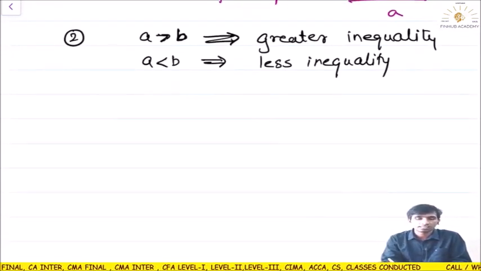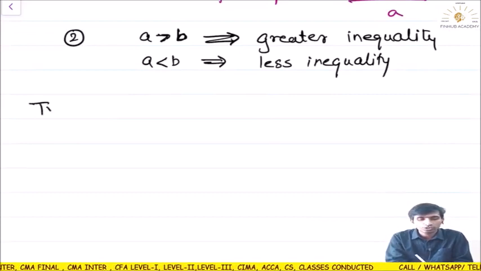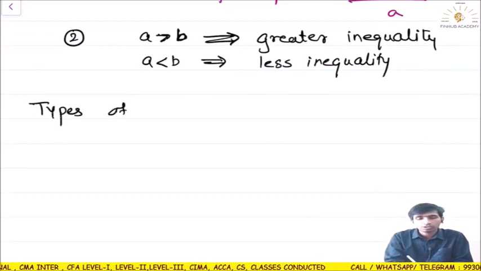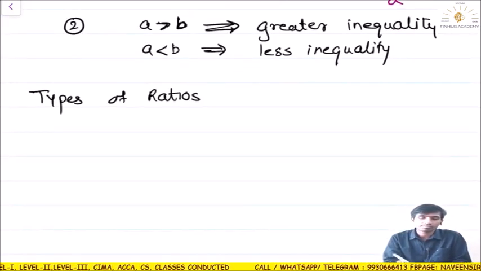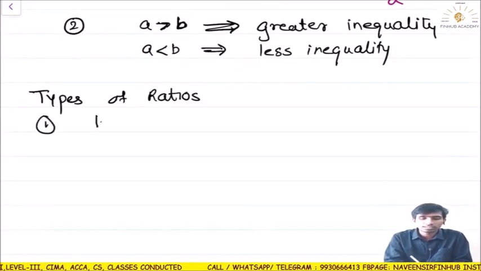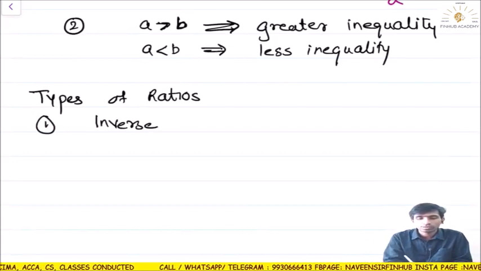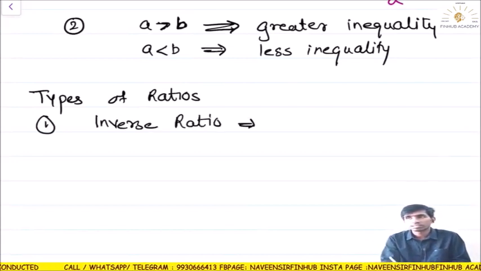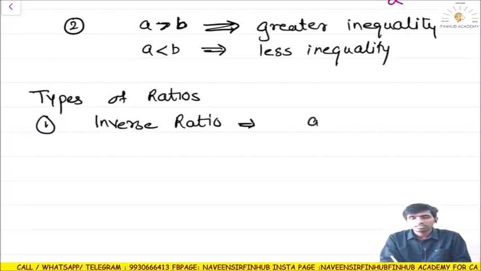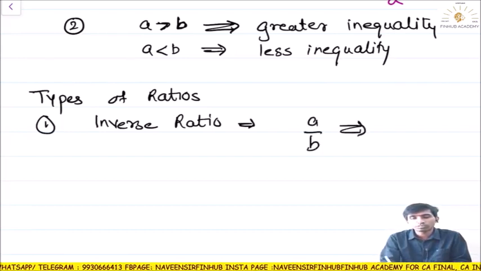Right, next heading, types of ratios. First one, inverse ratio. If it is a by b, what is the inverse ratio? b by a.